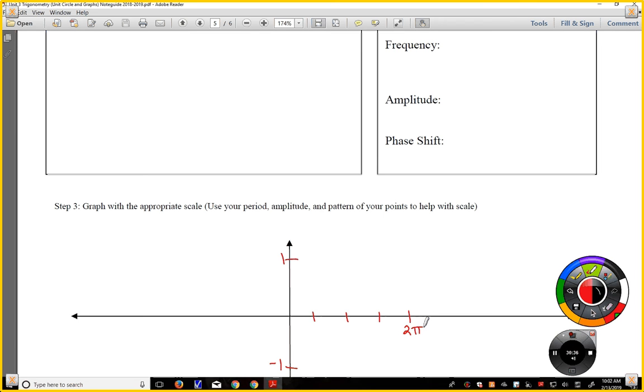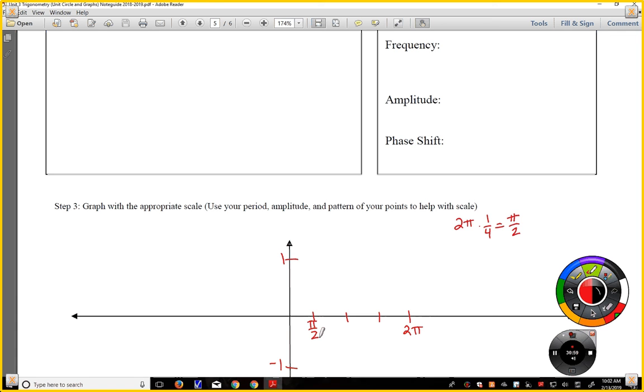If my fourth mark is 2 pi, then the way I figure out my first mark is taking 2 pi and dividing it by 4, or multiplying it by a fourth. So 2 pi times a fourth is pi over 2. Okay? So both those ways can determine how I count my scale, and then we would label by pi over 2.